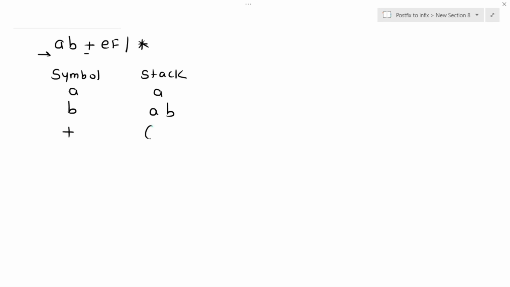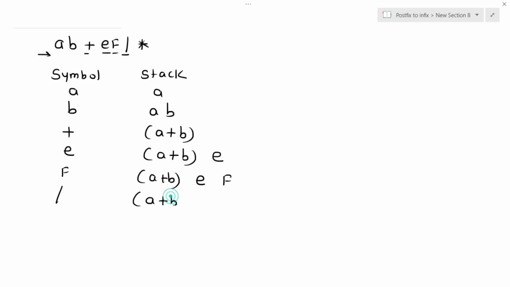Now the top of the stack is B and A. So here the expression is A plus B. We keep it inside brackets. Then we have E. So our one operand is A plus B and the second operand is E. Now F comes. So we get three operands: A plus B, E and F. Then division comes. The top of the stack is F and E. So as per the rule, the first operand is A plus B and for the second operand we get E divided by F. Then the multiplication comes.